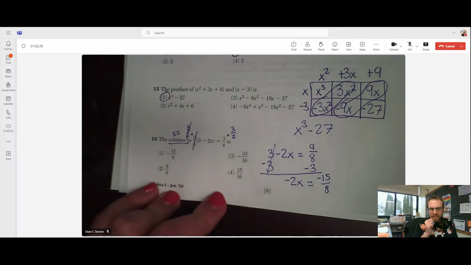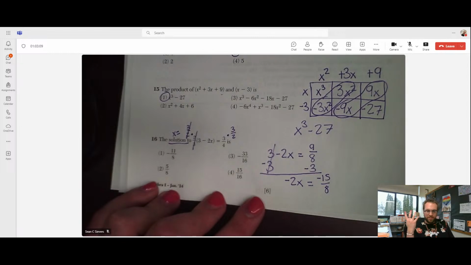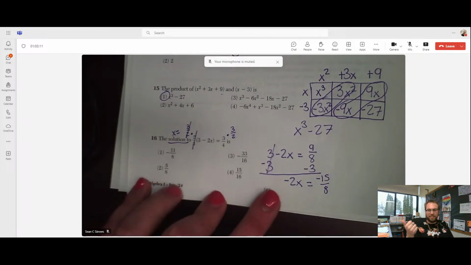And then how do I get x by itself now? What operation? Go ahead and drop it in the chat. What am I going to do with this negative 2 in order to get x by itself? We only have 4 answer choices. We can either add it, subtract it, multiply it, or divide it.